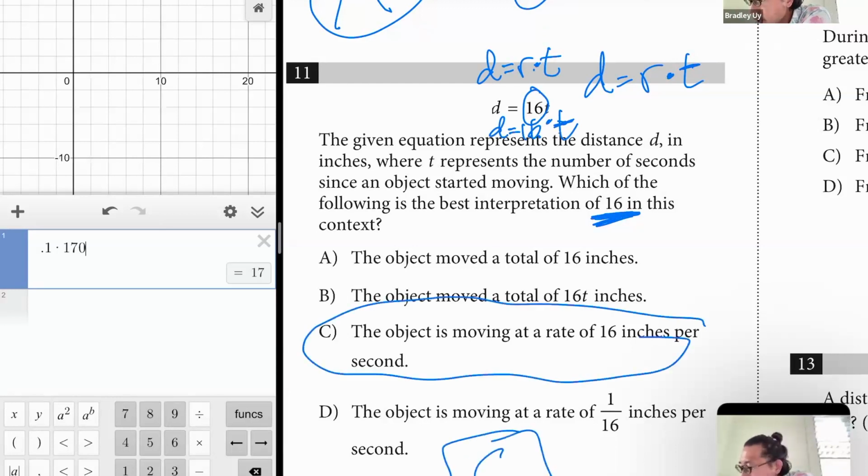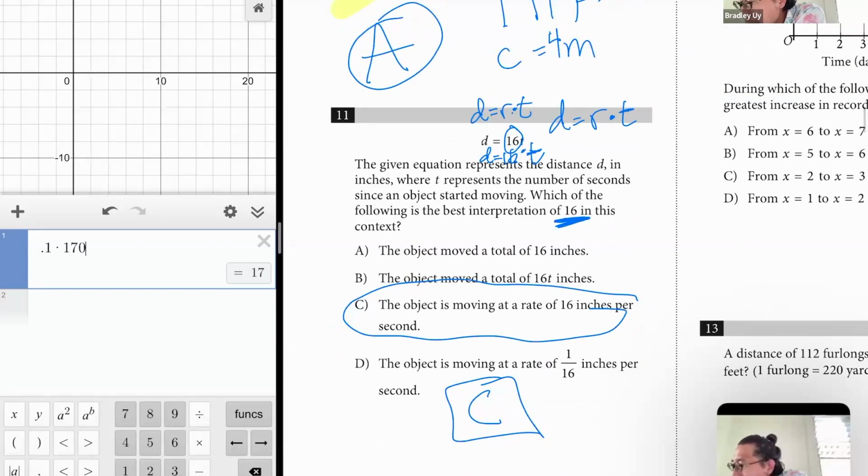Now, please note, I do want to stop and pause for just a moment. The object moved a total of 16 inches. This is true if 16 is inches per second and t is in seconds, which it is. However, they're not asking you about the expression 16t and what it equates to.